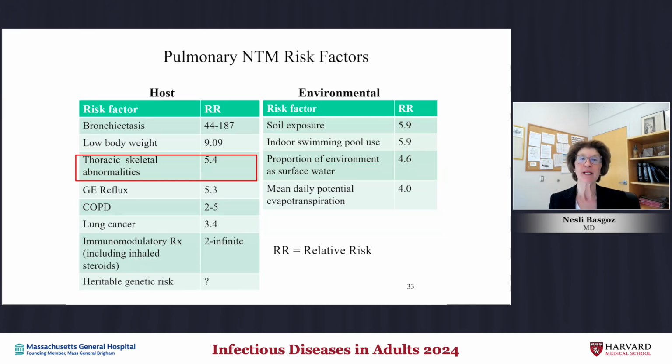There is probably a heritable genetic risk, but this hasn't been well characterized. Environmental factors include peat-rich soil exposure. Indoor swimming pool use is associated. Proportion of your environment as surface water, and mean daily potential evapotranspiration, which is from water, soil, and plants.